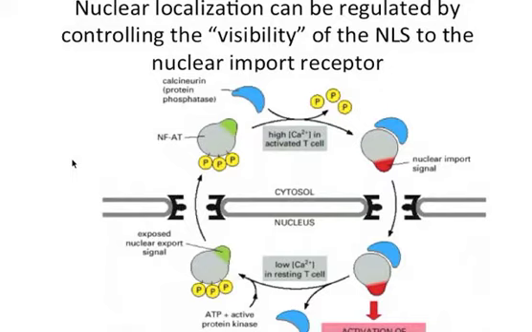But that can't stay on forever. What happens if you have an uncontrolled number of T cells?